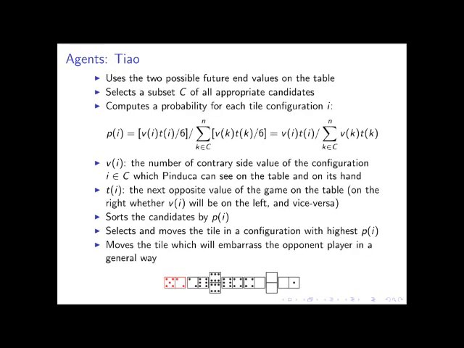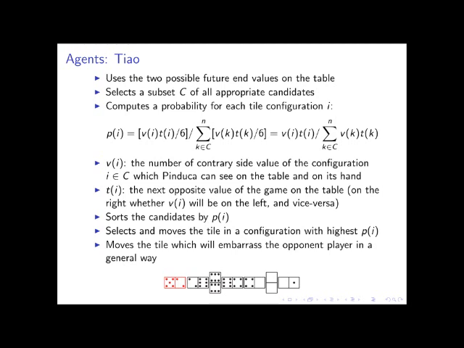Tiao is another agent which uses a probability function in order to decide a tile to play. But in this case, Tiao used the two possible future end values on the table. Tiao selects a subset C of all appropriate candidates and then computes the probability for each configuration i.